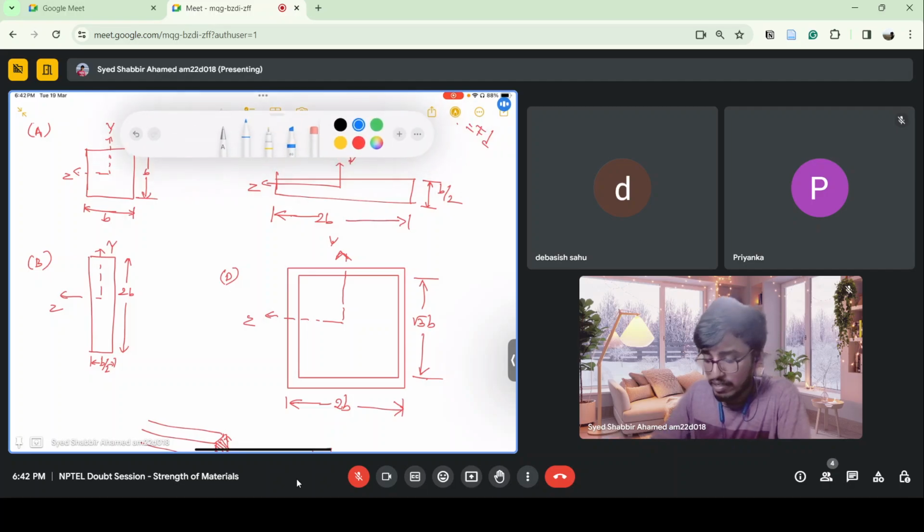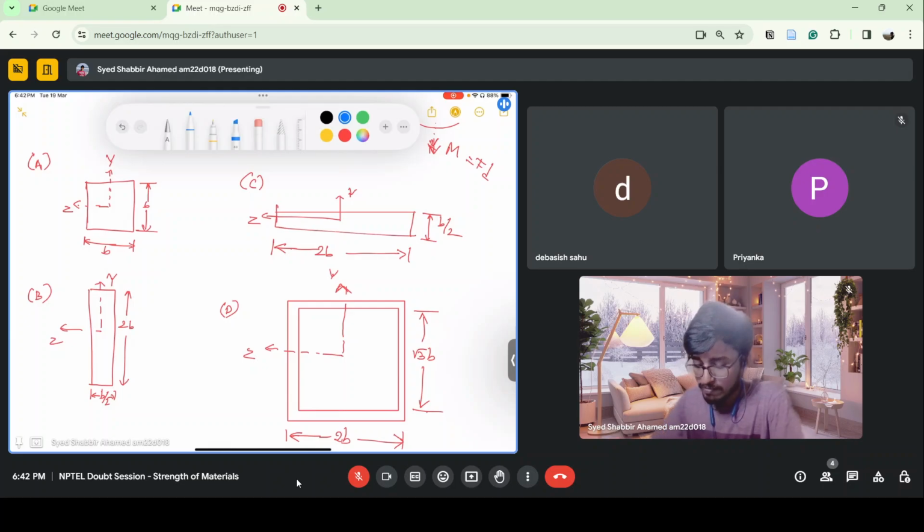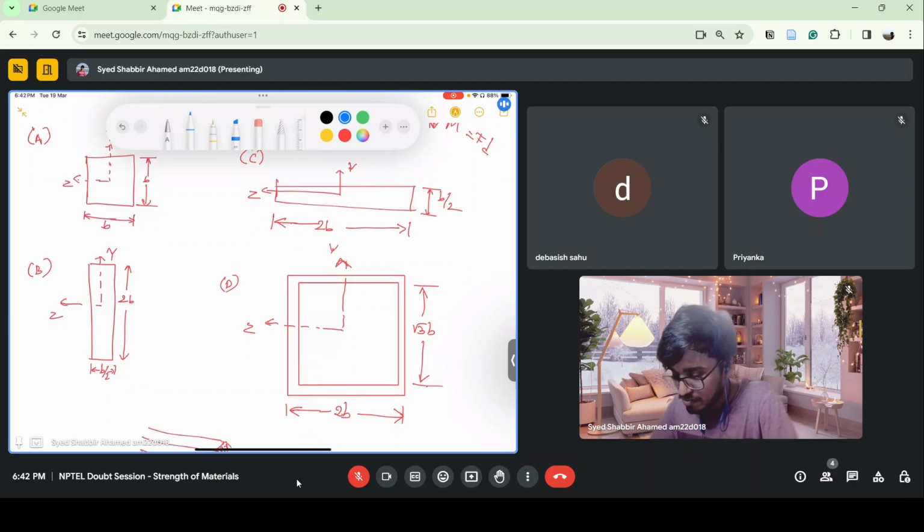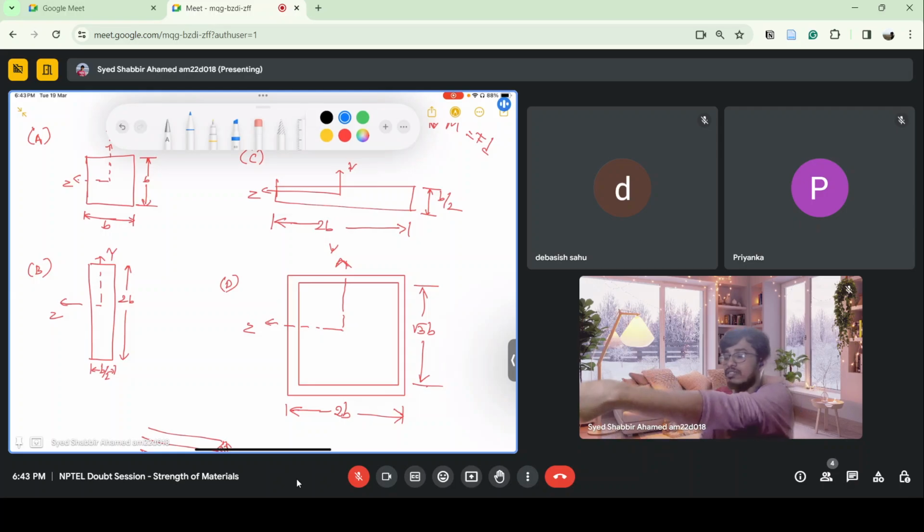Hi Priyanka, we were discussing this problem here. We have different cross sections, and you can see the dimensions of these cross sections also. One is a square and two rectangular cross sections, and one is a hollow cross section, and the dimensions are given. If we apply an axial load, which cross section will be efficient to transmit this axial tensile load?